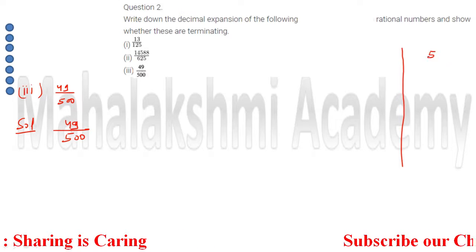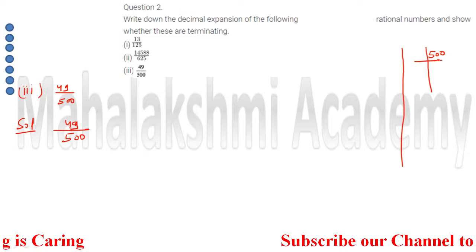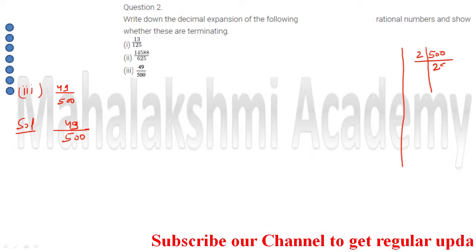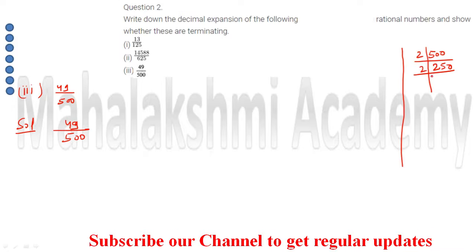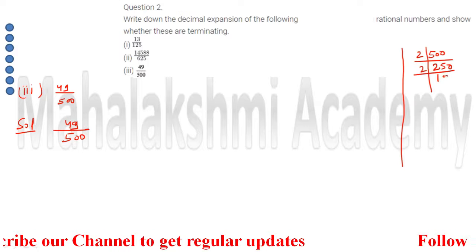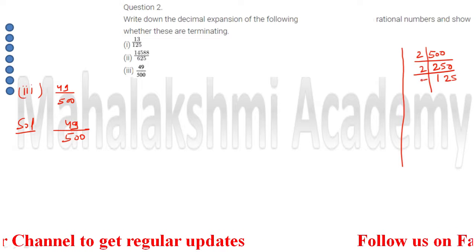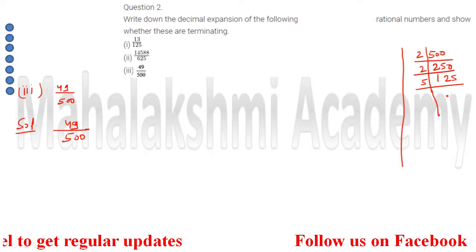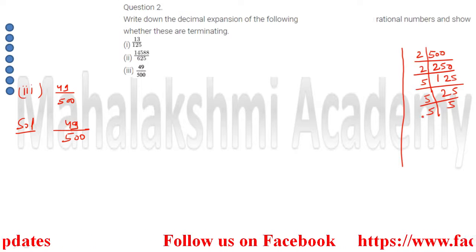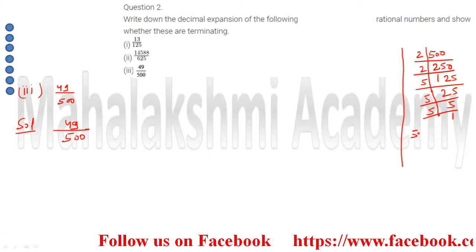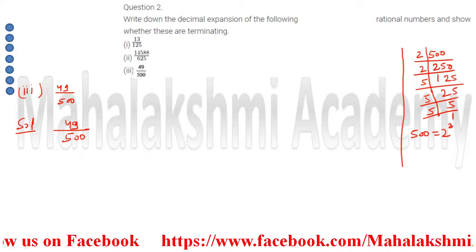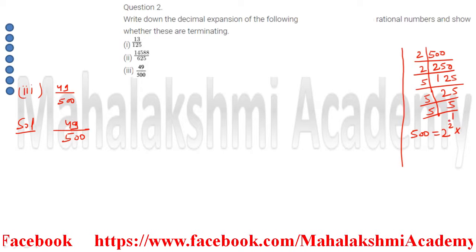So when we will factorize the denominator, we will obtain, by 2 I am dividing. So the 500 is going to be, how many times 2 we have? 2 times. And how many times 5 we have? 3 times.